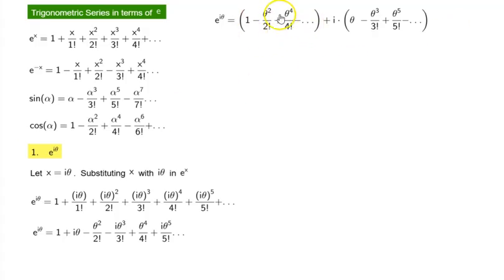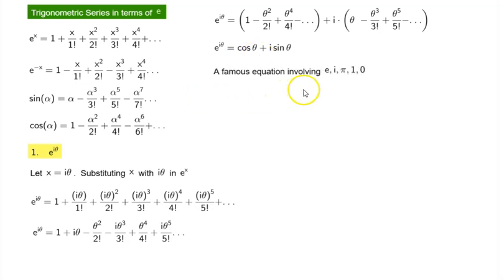Now, what is this series? You will notice that it is the same as the series for cos. And this one is the same as the series for sine. So we end up with e to the power of i theta is equal to cos theta plus i sine theta. We have already seen this previously.